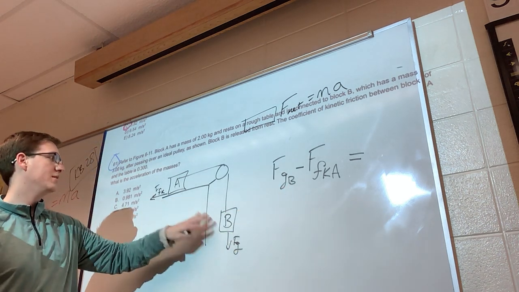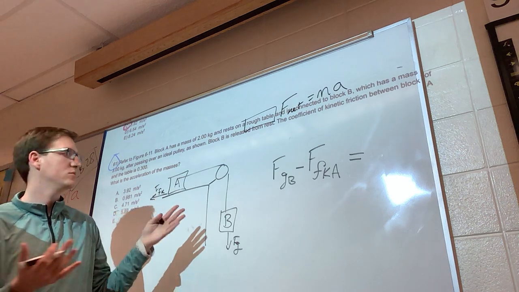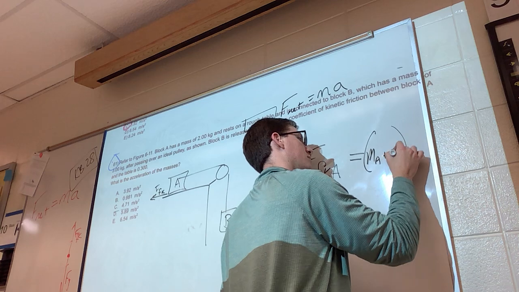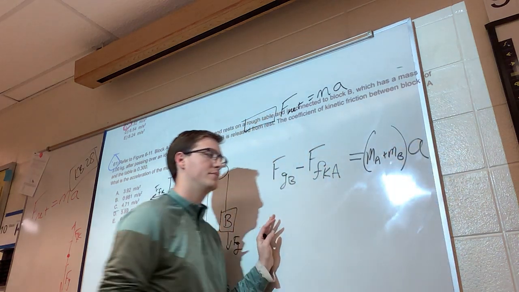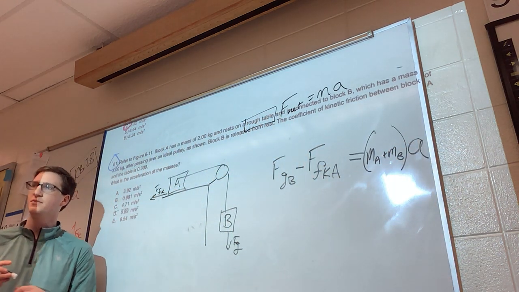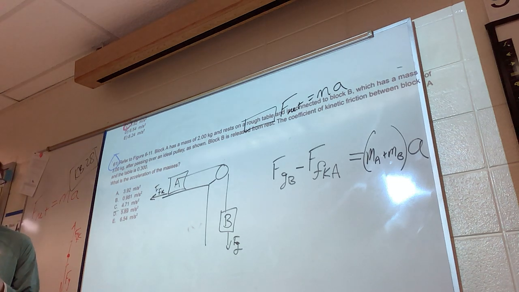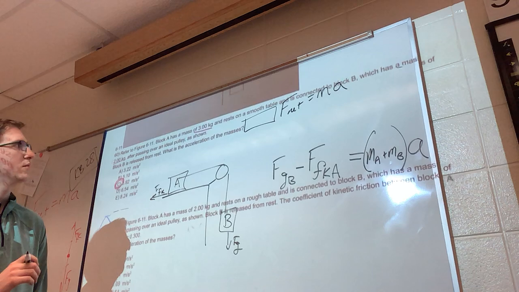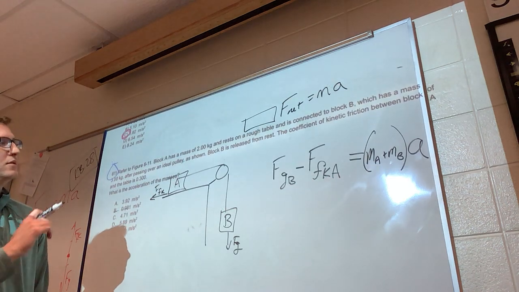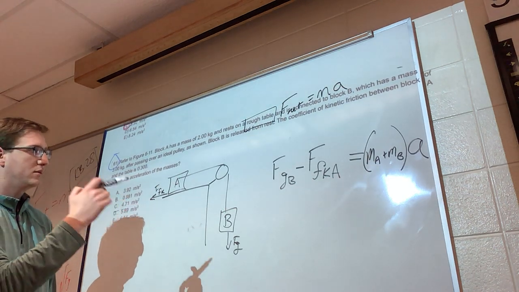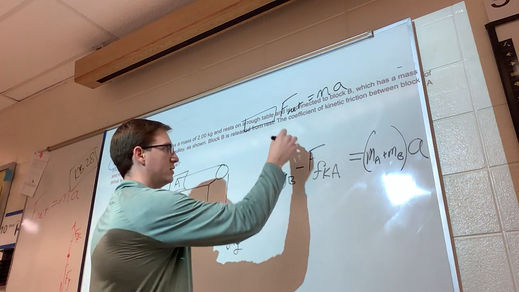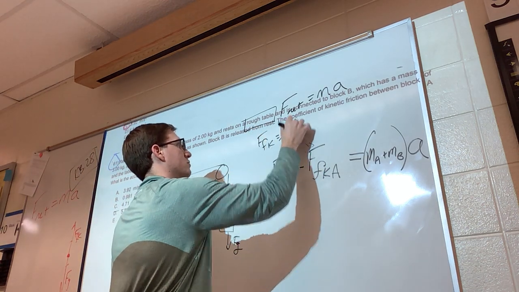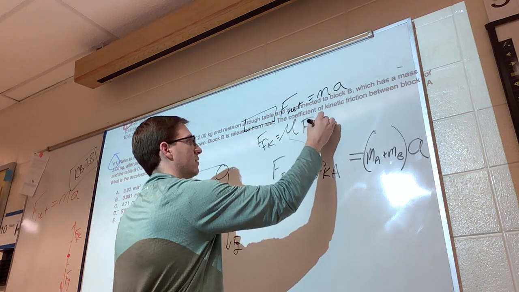Those are our pulls. And all the mass still needs to move, so this is mA plus mB. Okay, you good with that? Yeah. We would just do the same thing as up here, minus the friction. But it takes a little more work because friction is equal to mu times Fn.